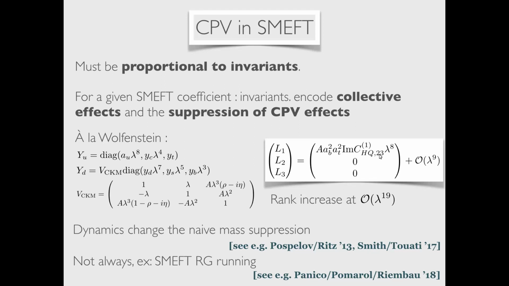And there are other examples. For instance, if you look again at observables which have a well-defined behavior when the quark masses are sent to zero, for instance, in the neutron EDM, then the first estimation of the suppression you can do, for instance, from the first non-trivial order in this invariant, is also something you can use.